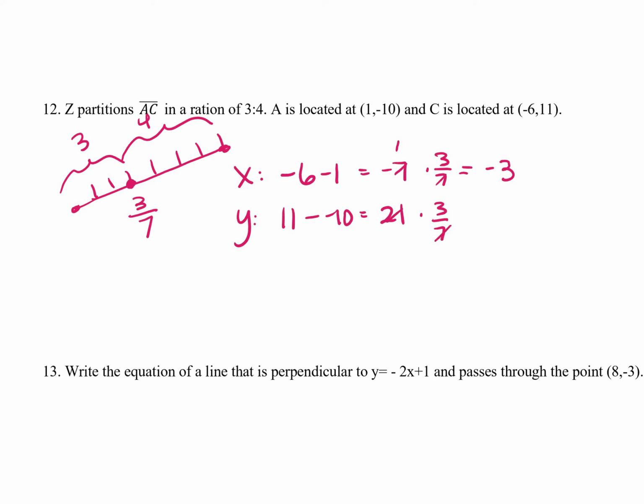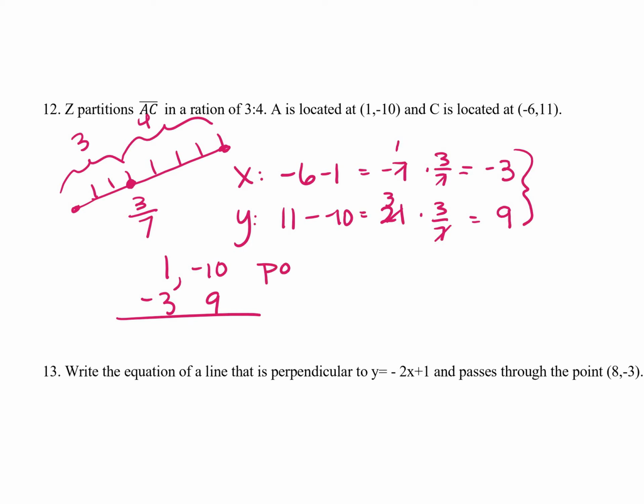7 goes into 21 3 times. 3 times 3 is 9. Okay, now this represents how big 3/7 of the line is. So my last step is to take the first point, (1, -10), and add (-3, 9) to it.